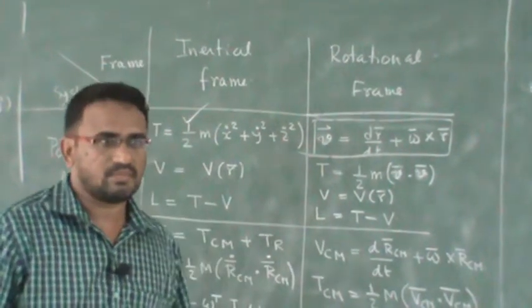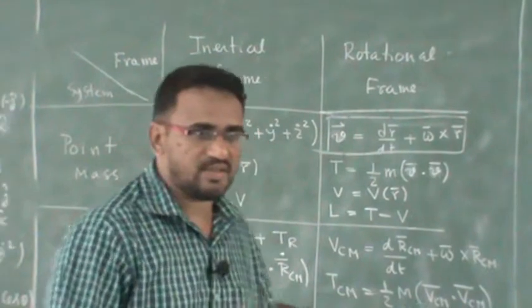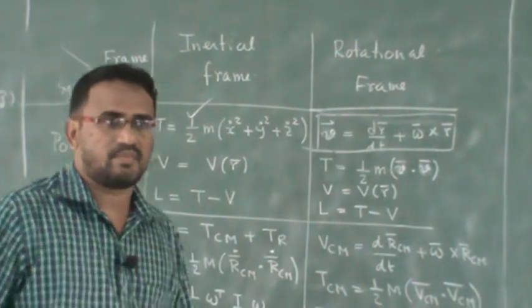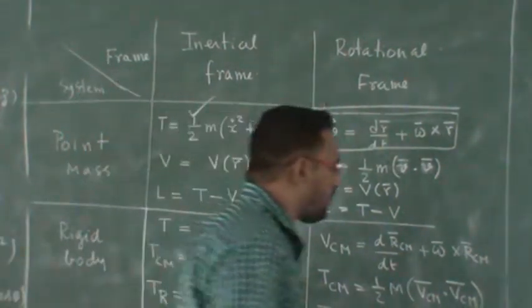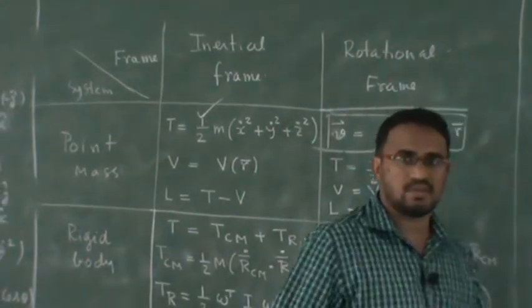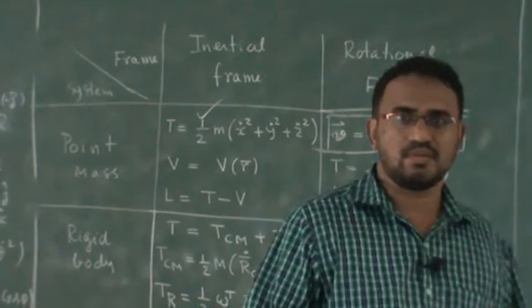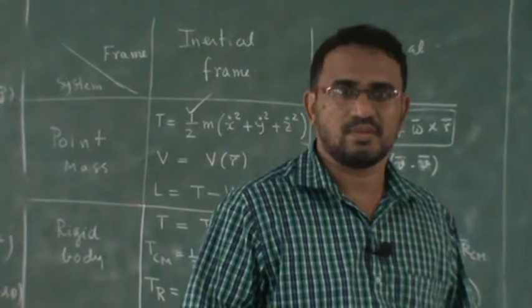The rotating frame is not inertial, so dr by dt alone is not the inertial velocity; dr by dt plus omega cross r is the velocity in the inertial frame.